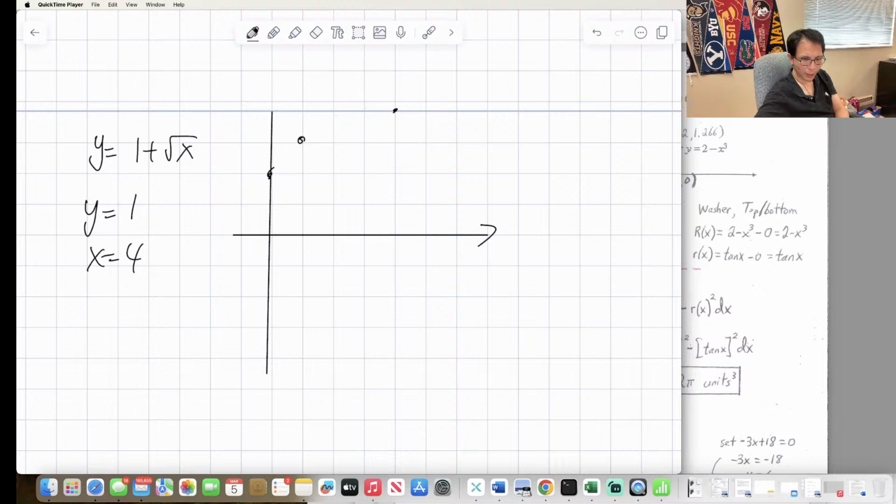Is that the line? y equals 3, that doesn't make sense. No, hold on a second. My point's not making sense. Actually, y equals 3 does make sense. I lied. Okay, y equals 3, so my axis of rotation is right here.